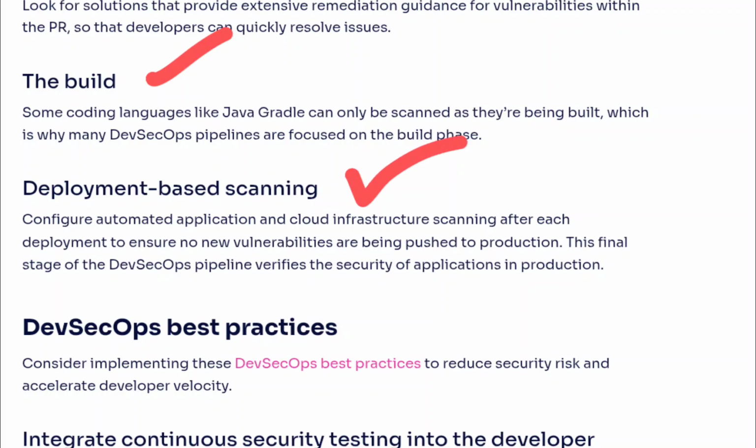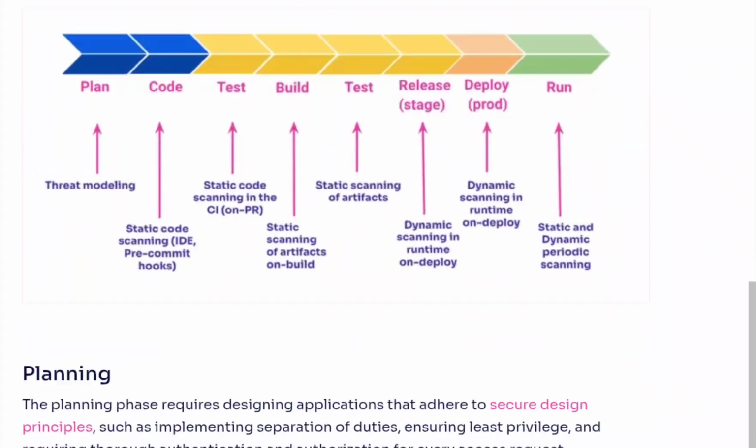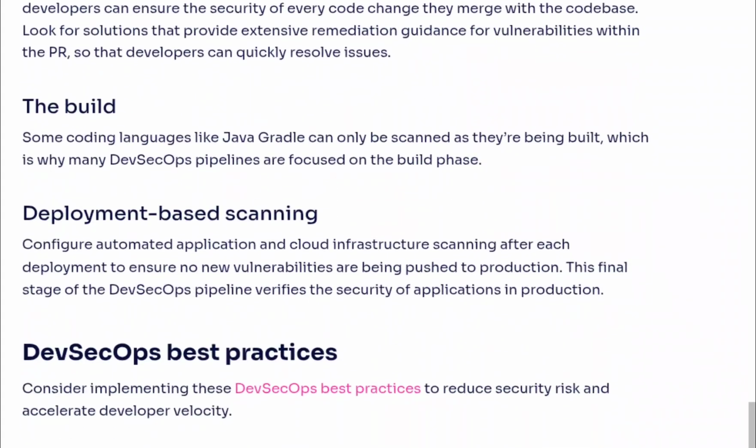And the next phase was deployment-based scanning, where you configure automated application and cloud infrastructure scanning after each deployment to ensure no new vulnerabilities are being passed to production. The final stage of the DevSecOps pipeline verifies the security of the application at the production level. These are the different components of a DevSecOps pipeline.